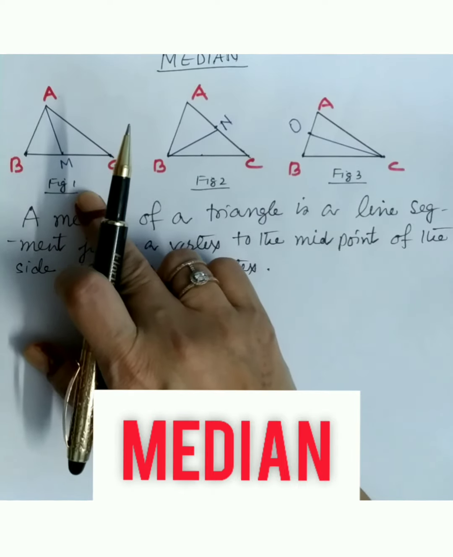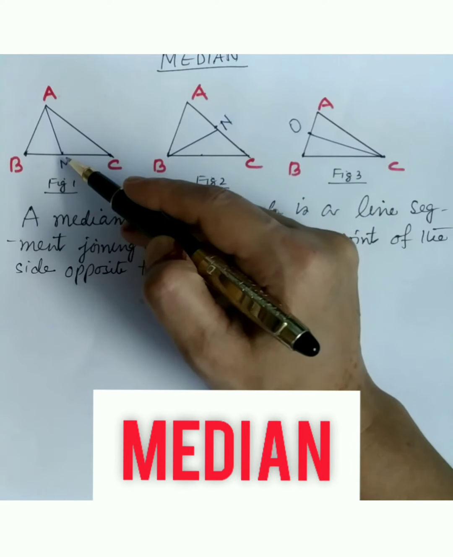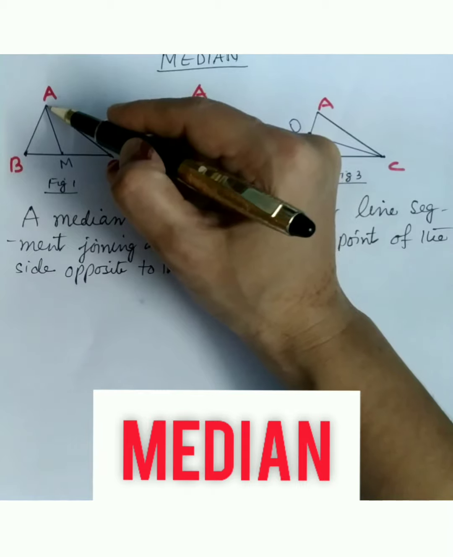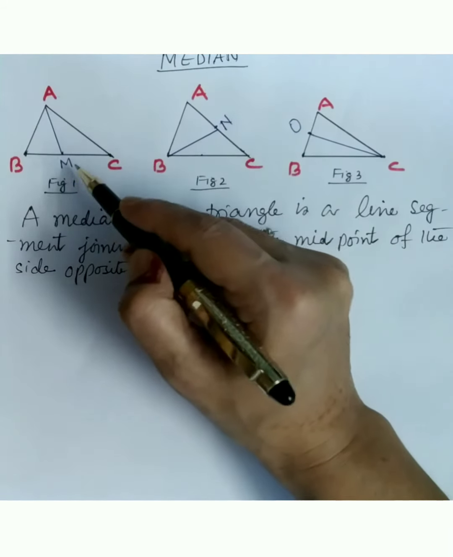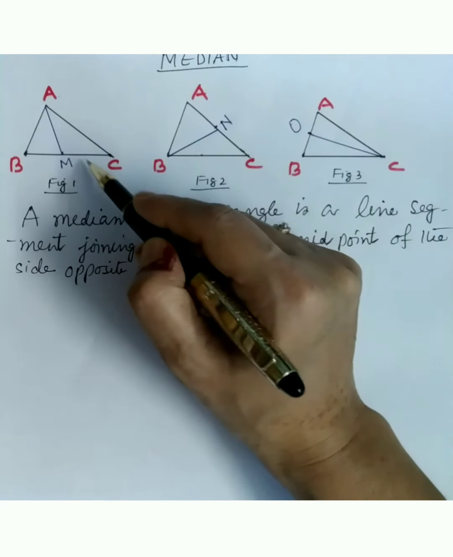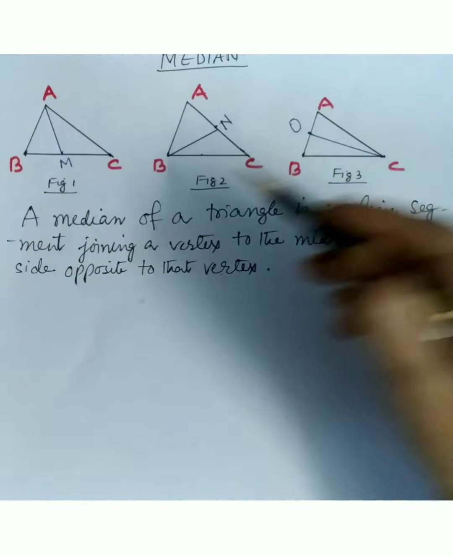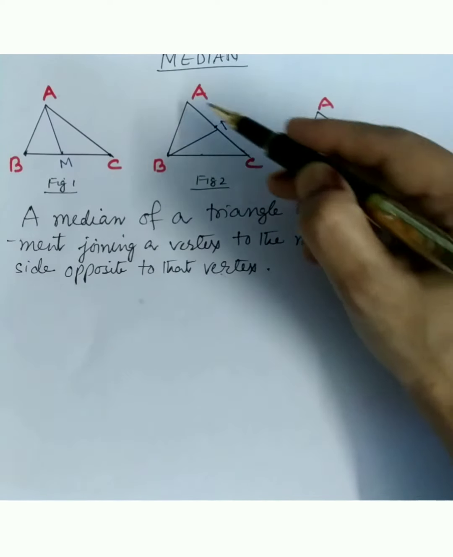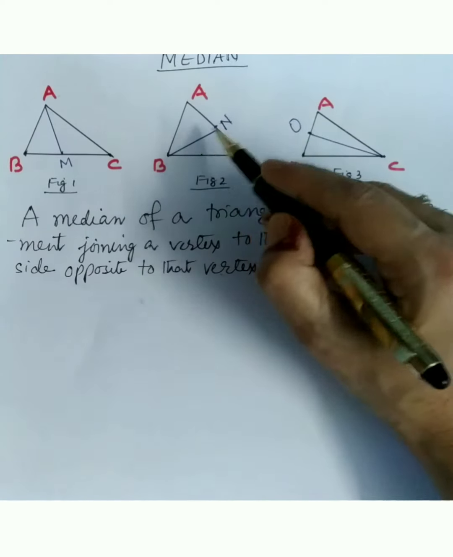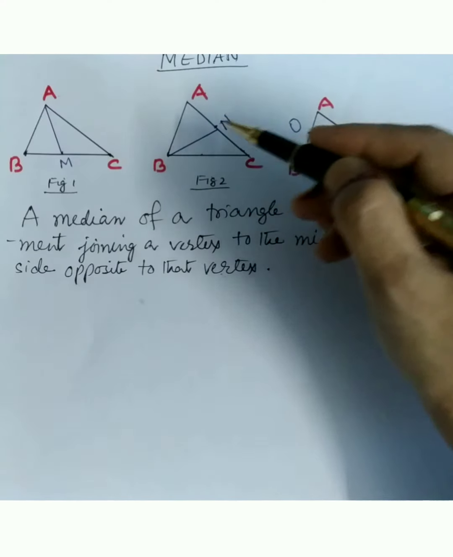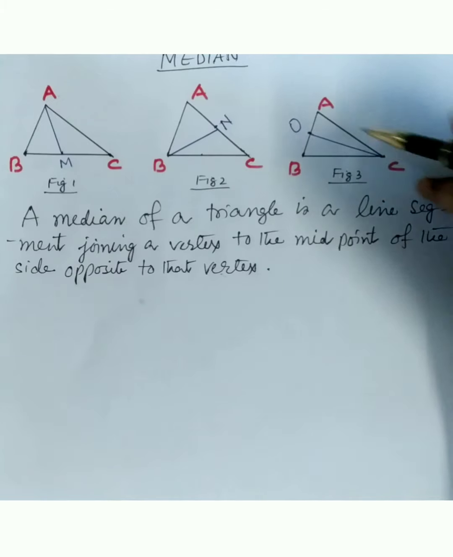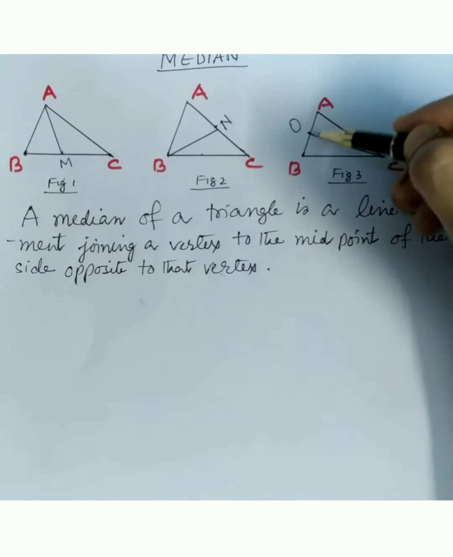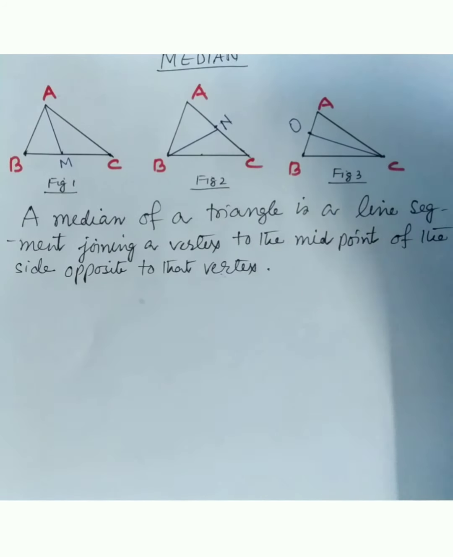In figure 1, you see AM is the median because one of its endpoints is A, that is the vertex, and the other endpoint is the point M, which is the midpoint of the side BC opposite to A. Another one is starting from B and the midpoint of AC is N, so this BN is the median. And again, if we start from the vertex C, this CO is the median, which is joining the midpoint of AB, that means O, with C as the vertex.